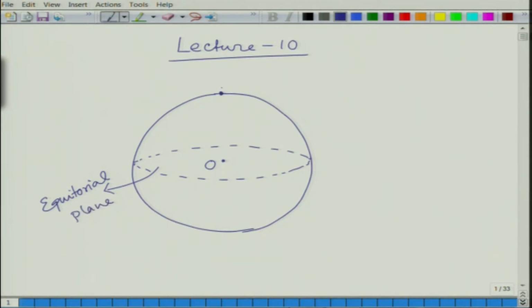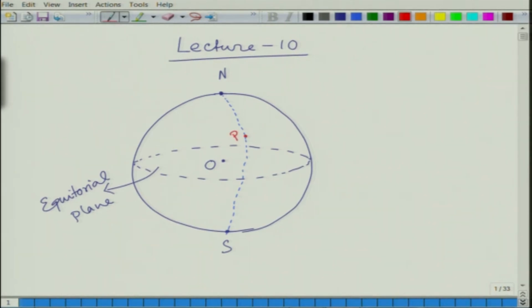Here we have the north pole and here we have the south pole. Now, if we have an observer here, then we can draw the meridian that passes through this observer location. Let us name this point P.